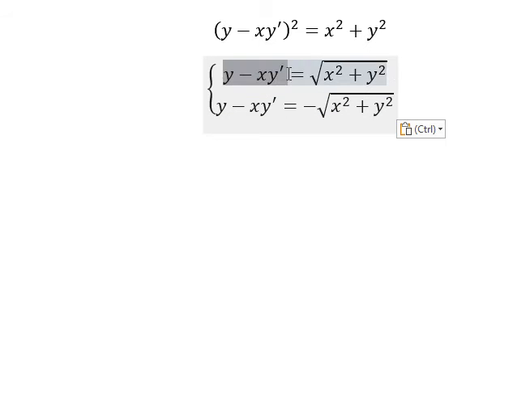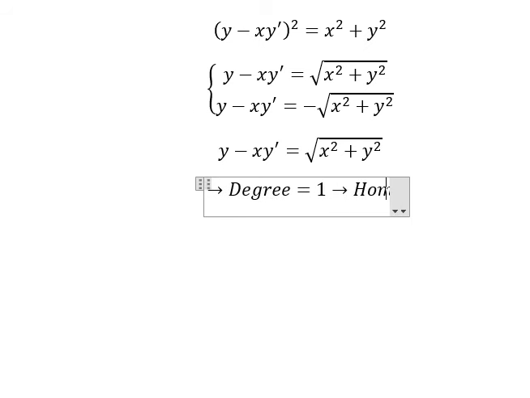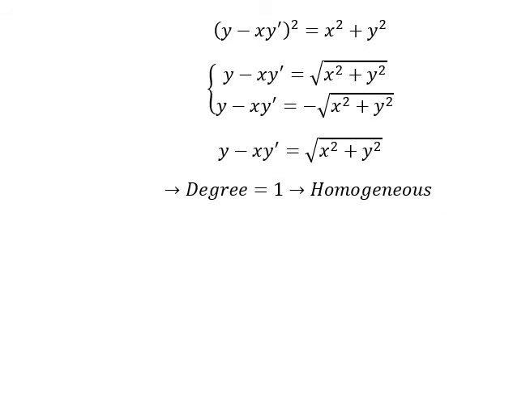Now I will concentrate on this one first. So we see that we have s squared plus y squared under the square root. So that should be about degree number 1. And we know that is about homogeneous.